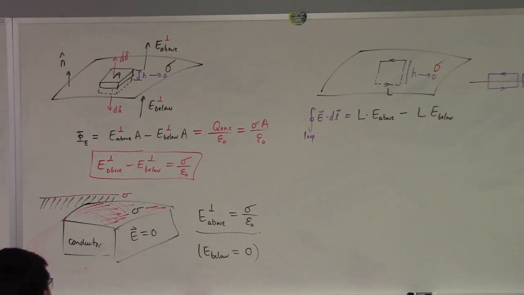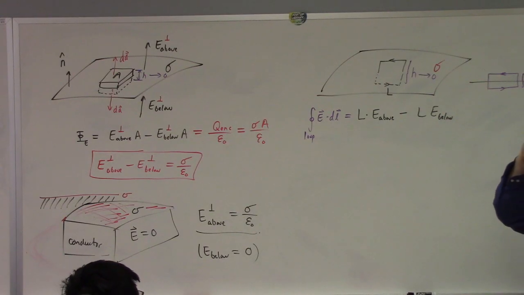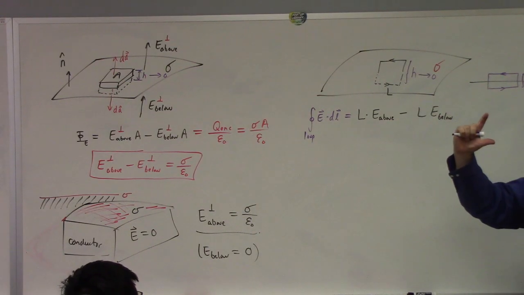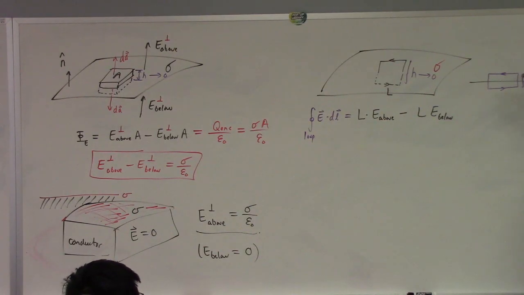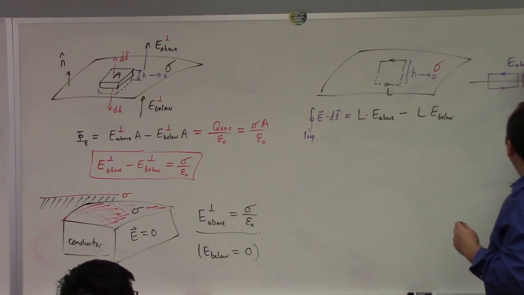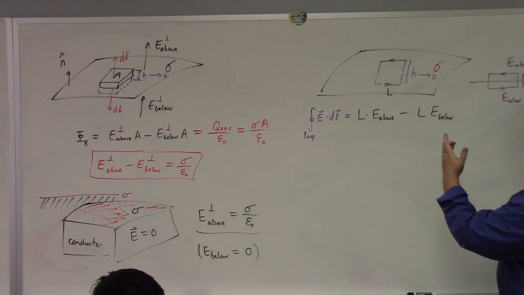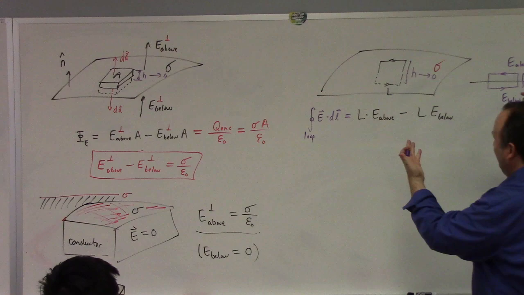The reason being, I'm thinking in a limiting sense: as h goes to 0, the ends of the loop contribute nothing, and you're just left with the line integral, which becomes the value of E above, and here's E below. And with my current picture, E above should probably have a minus and a plus.